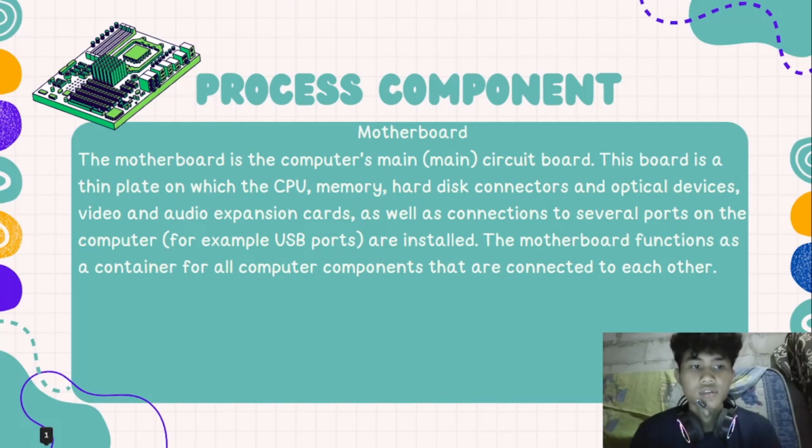This board is a thin plate on which the CPU, memory, hard disk connector, and optical device, video and audio expansion card, as well as connections to several ports on the computer, for example USB ports, are installed. The motherboard functions as a container for all computer components that are connected to each other.